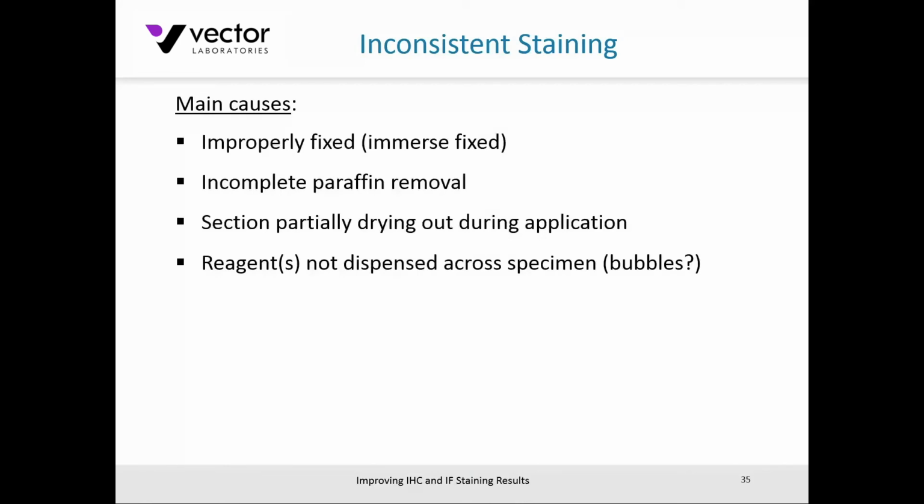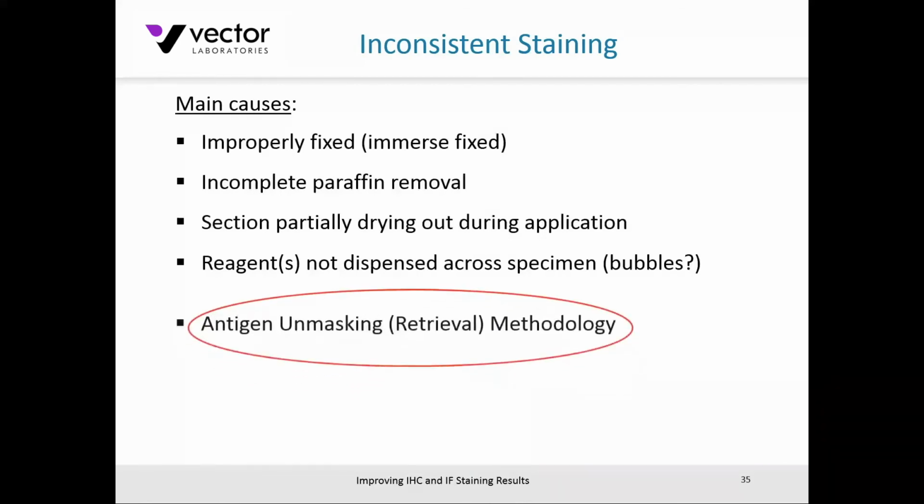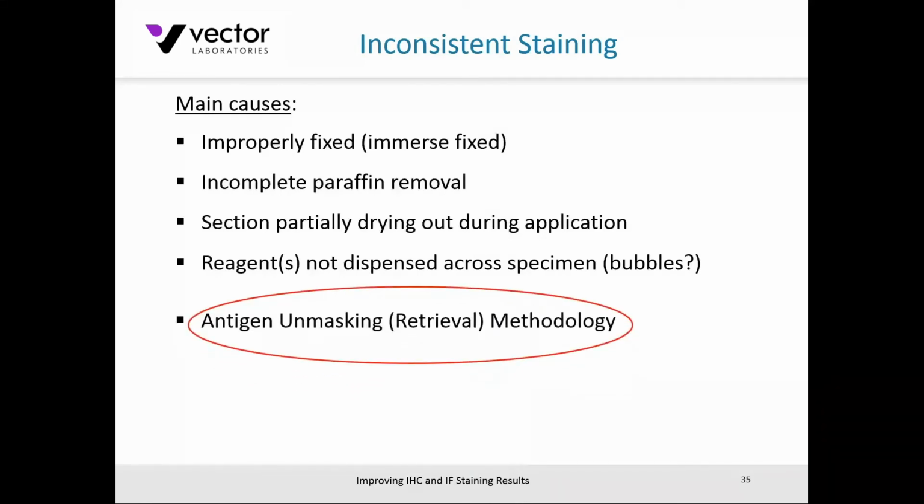But I will say the largest hurdle investigators come across with inconsistent staining, or the biggest reason for that, at least in my experience, is the antigen unmasking methodology. And what I refer to here is largely high temperature antigen unmasking or retrieval. They might be using a pressure cooker, a vegetable steamer, an autoclave, or indeed a microwave oven with all the different makes, models, and wattages.